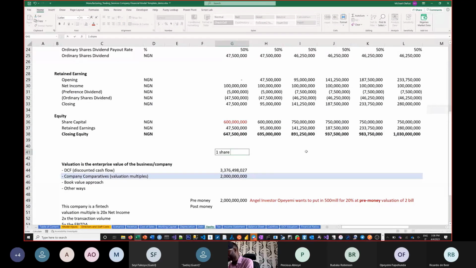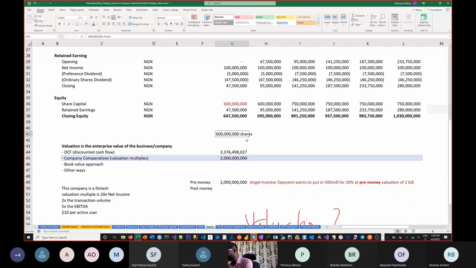So if we are valuing a business at 2 billion naira pre-money, the price per share is going to be this divided by the number of shares.